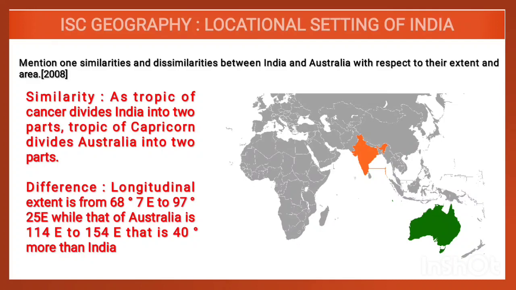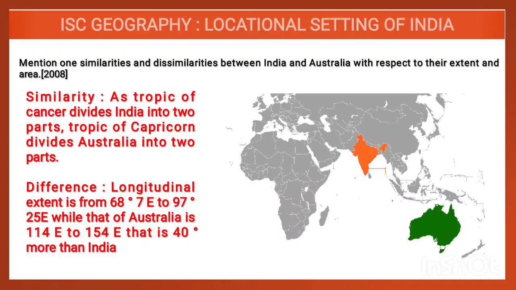And what are the similarities between India and Australia? Australia is divided into two parts by the Tropic of Capricorn, and India is equally split into two parts by the Tropic of Cancer.